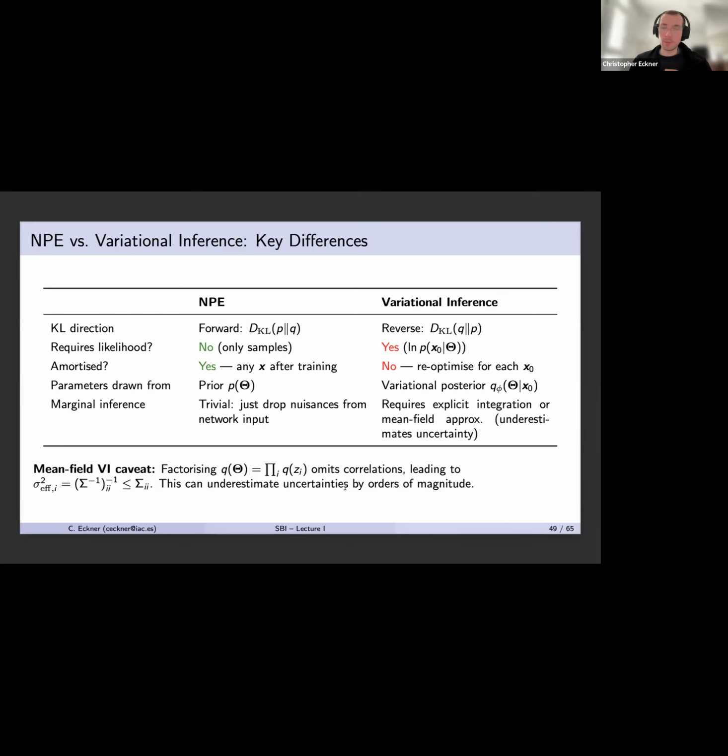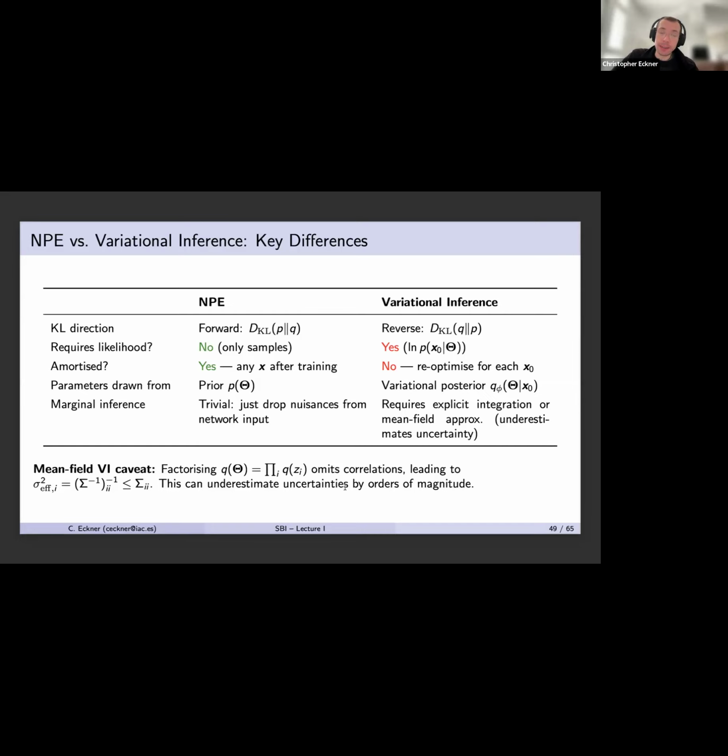You now have to sample from the posterior that you create yourself. It might be neural network based or something very flexible but based on an analytic function. And you do it in a reverse Kullback-Leibler approach by getting the modes of the true underlying posterior. Neural posterior estimation does not require any likelihood, while the variational inference approach does.